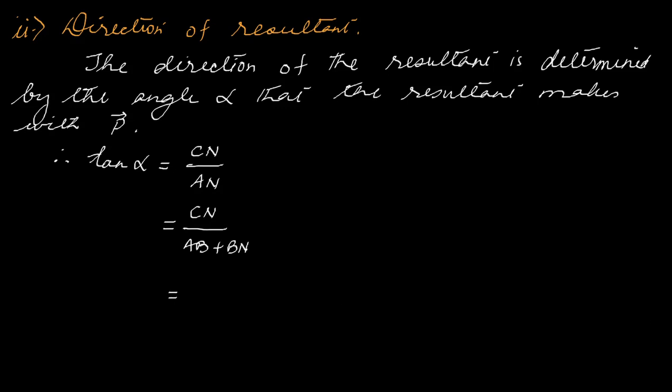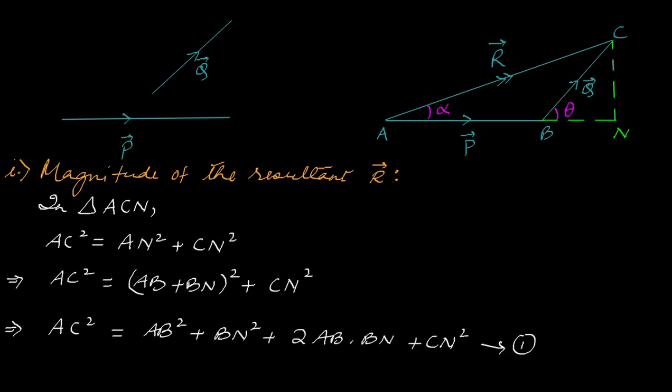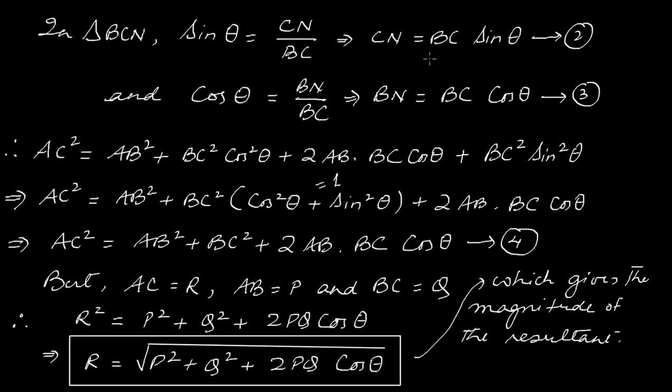Got it? And what is CN? CN, I think we already found before. Here, CN is this. CN is BC sine theta.